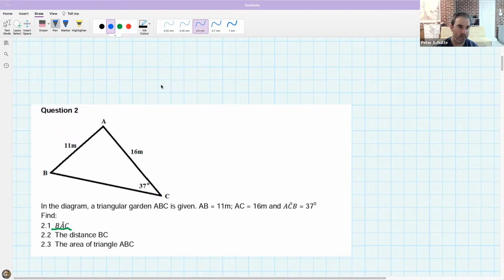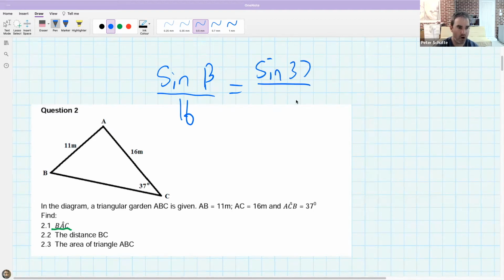So if I wanted to find B, I could use the sine rule by going the sine of B over 16 equals the sine of 37 over 11. And if I could work out B, I could probably work out what this is. So why don't you go ahead and see if you can use that combination of ideas.